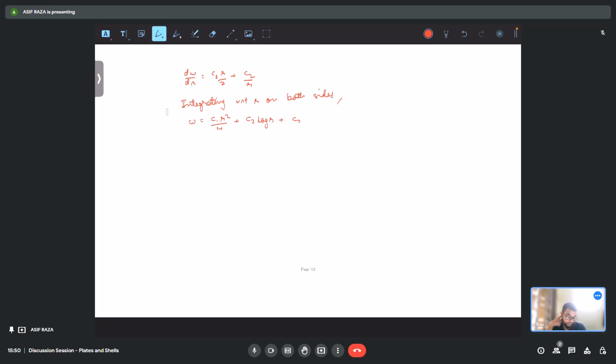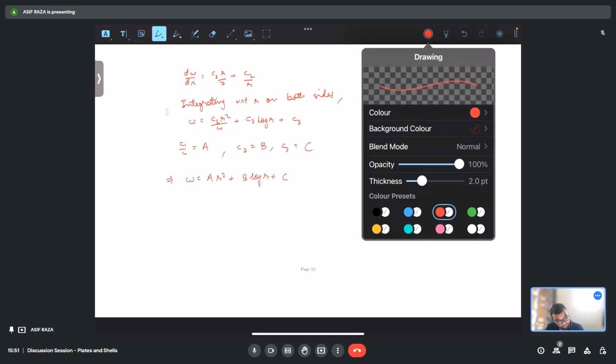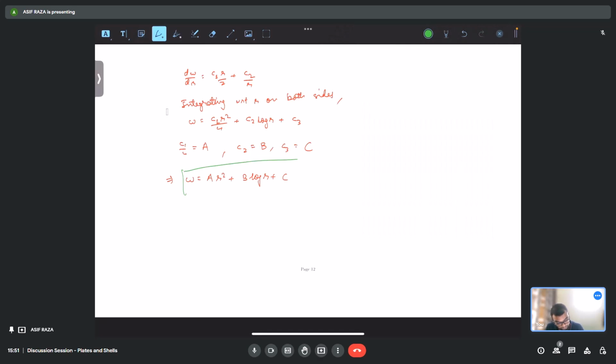Okay. So this c1 by 4 can be written as a, c2 as b, and c3 equal to c. So the expression reduces to a r square plus b log r plus c. So this is my final answer.